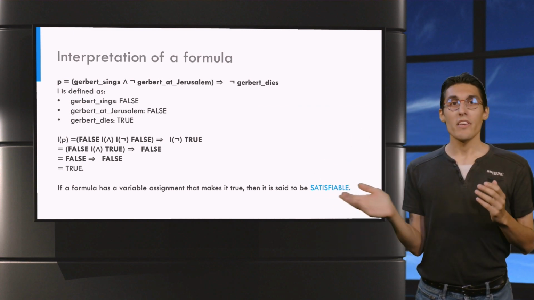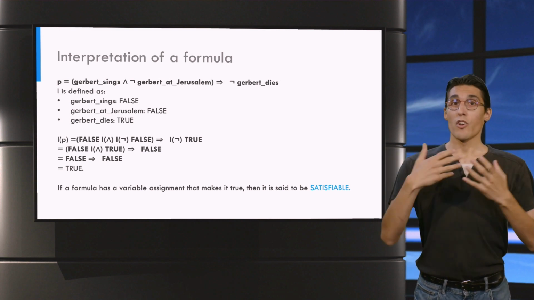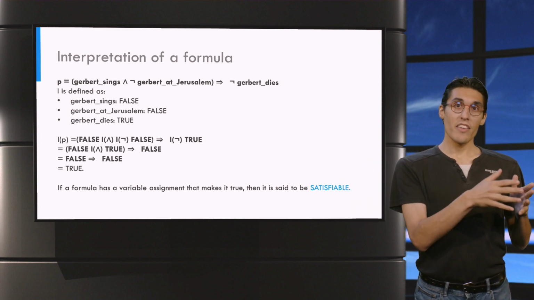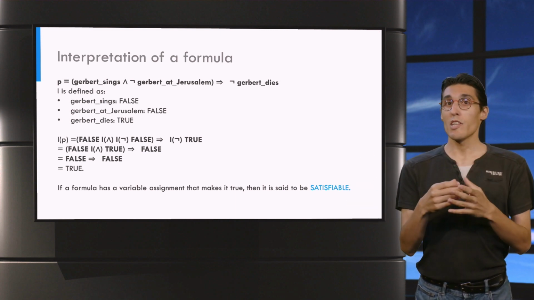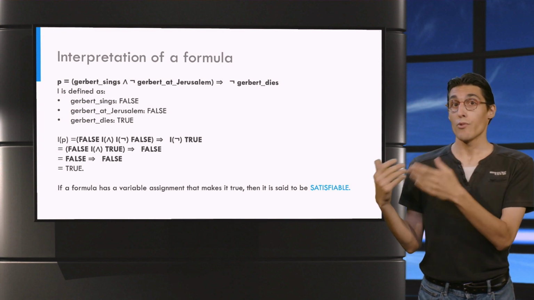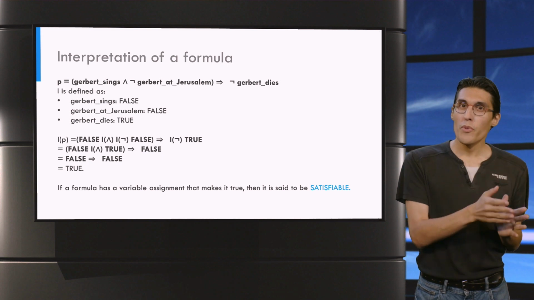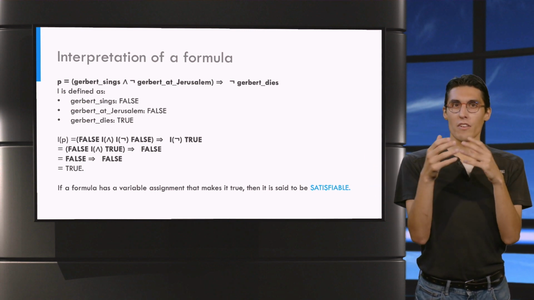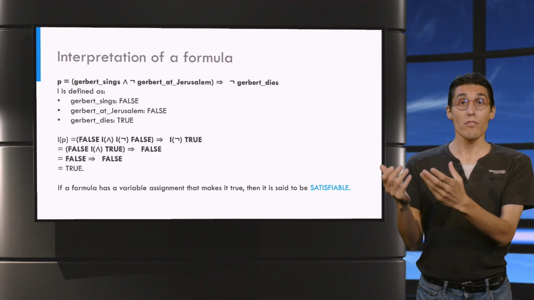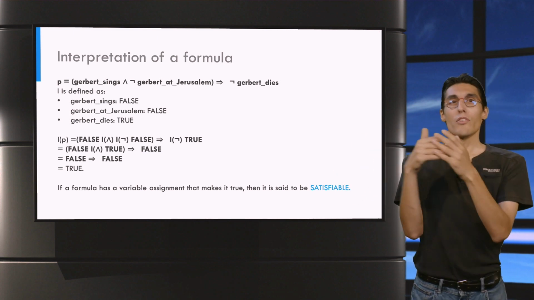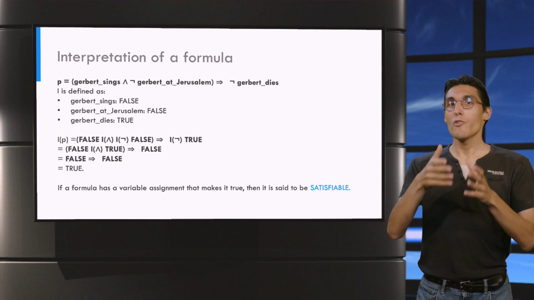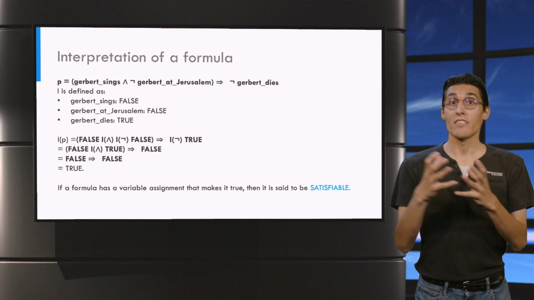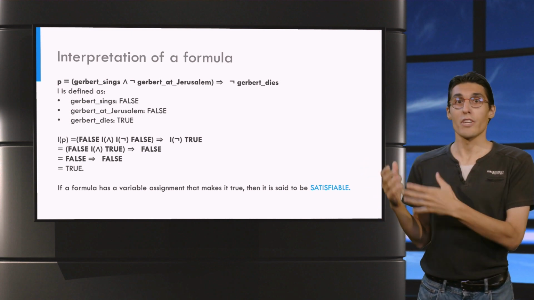Given the expression P equals Gerbert sings and not Gerbert at Jerusalem implies not Gerbert dies, and the variable assignment, Gerbert sings assigned to false, Gerbert at Jerusalem assigned to false, and Gerbert dies assigned to true, we determine that the interpretation of the whole formula is equal to false and, the interpretation of not false, implies the interpretation of not true, which is equal to false, the interpretation of and true implies false, which is equal to false implies false, which is equal to true, according to our tables.